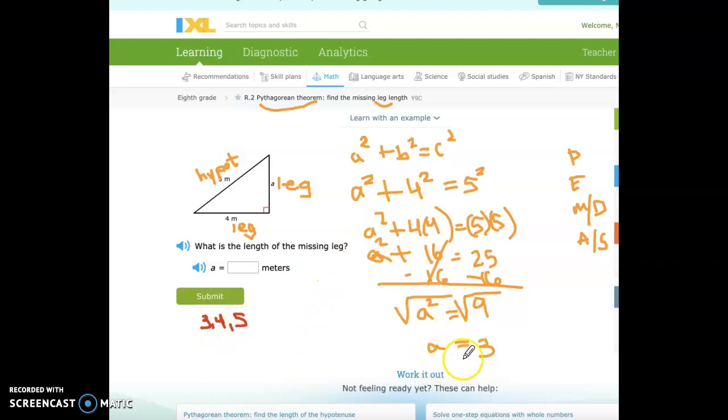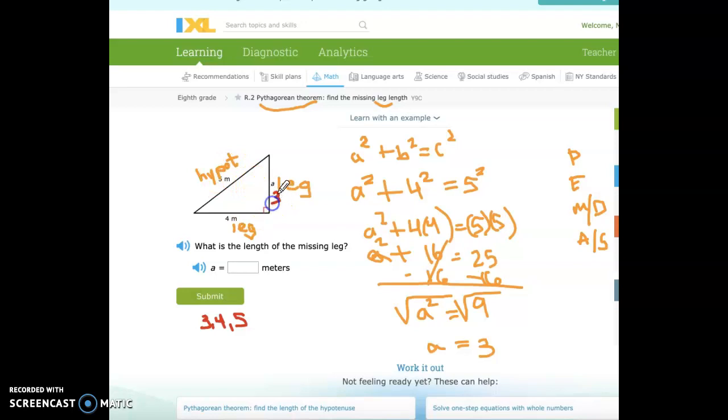This right here is a 3, 4, 5 triangle. The hypotenuse is your longest side. If I multiplied everything by 2, this would be 6, multiply that by 2, 8, multiply that by 2, 10.